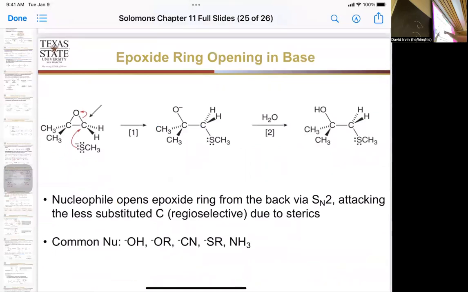Okay, so we're just going to have, in this case, a good nucleophile, sulfur with electrons here. It's going to kick in here, kicking up these electrons, giving us the anion. And then something is going to be around where we can get a proton from it. Okay, so that's going to give us our tertiary alcohol and our primary attack where our nucleophile is.